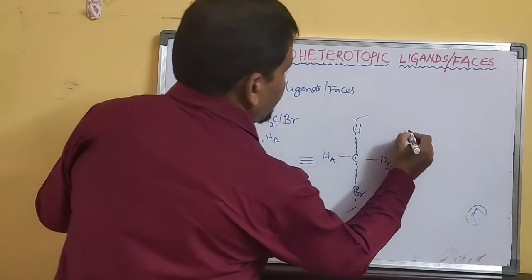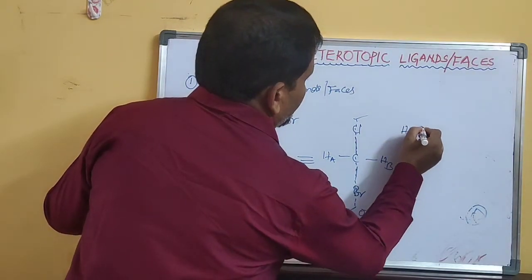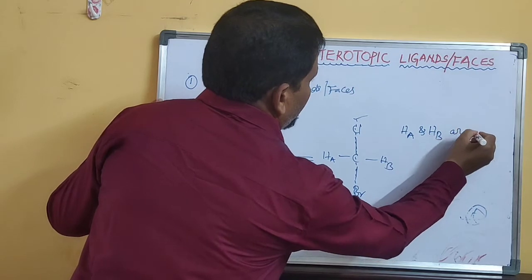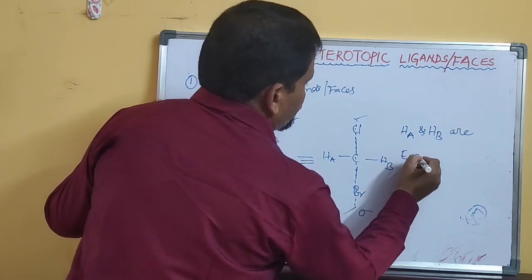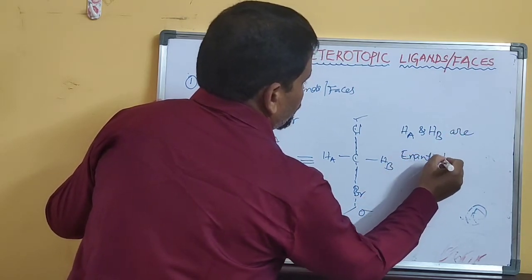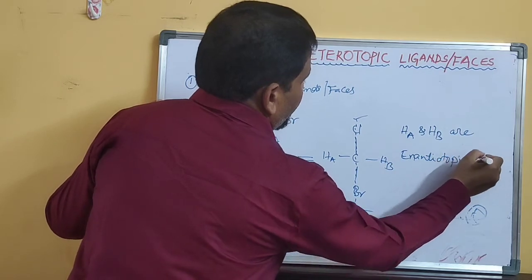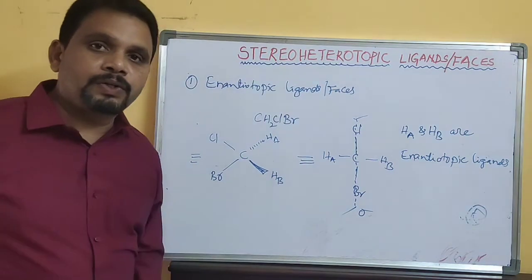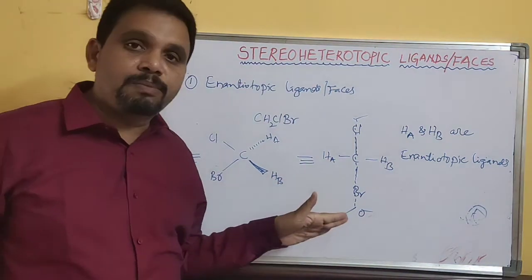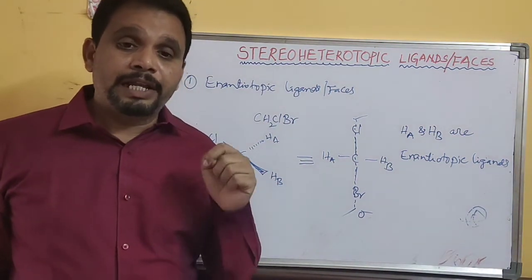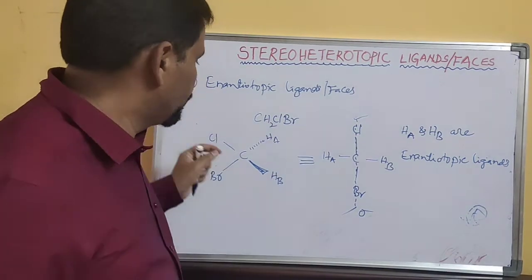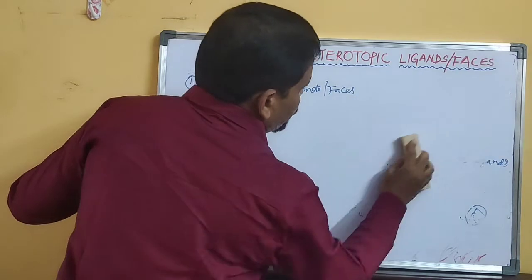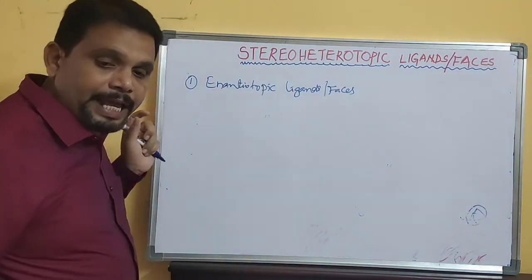Therefore Ha and Hb are enantiotopic ligands. Enantiotopic ligands, that means atoms or groups. Okay, so this is another example to understand about enantiotopic ligands. I'll give you some more examples to understand very clearly about enantiotopic ligands.